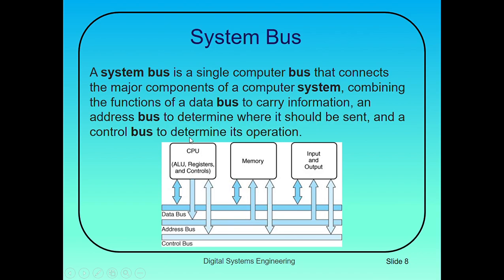So here you can find the central processing unit or CPU. It is connected to the memory and different input output devices via these system buses. Here you will find the data bus, address bus, and control bus. The data bus is bidirectional, and the address bus is unidirectional.